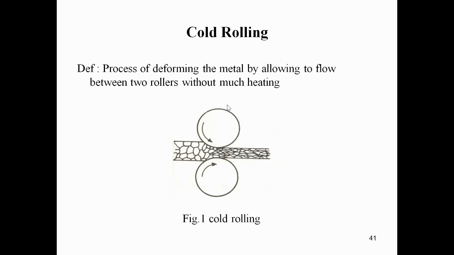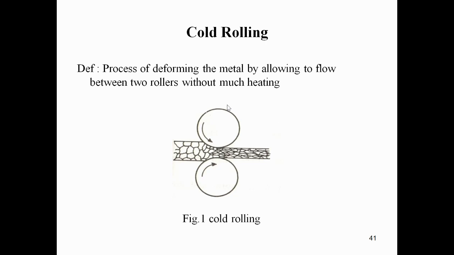The first one is cold rolling. It is the process of deforming the material by allowing it to flow between two rollers without much heating.